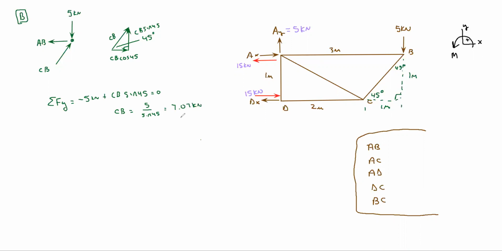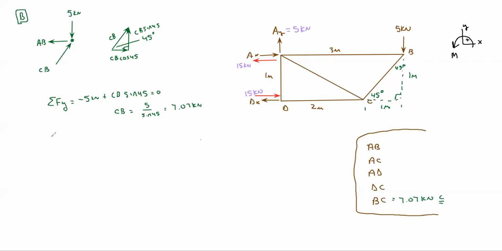I came out with a positive number, which would indicate that I have guessed the correct direction of CB. The reaction of member CB is going into the point, which would be a reaction to CB being in compression. So 7.07 kilonewtons in compression. All right, so far so good.